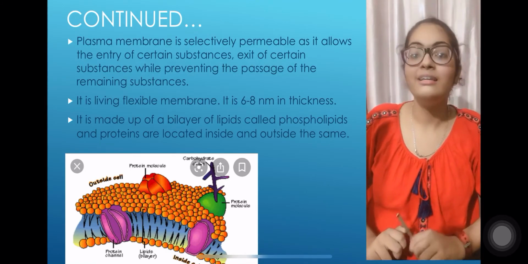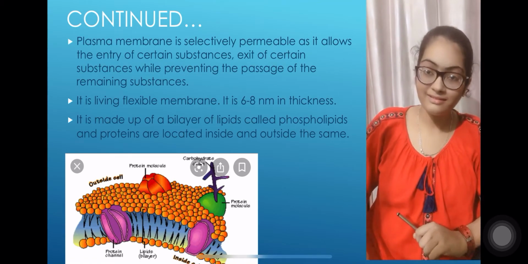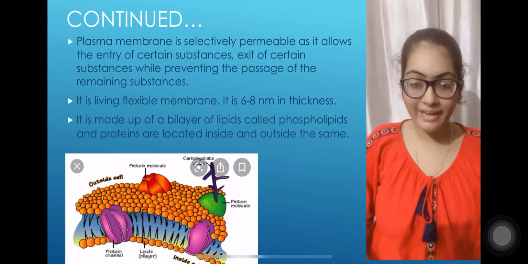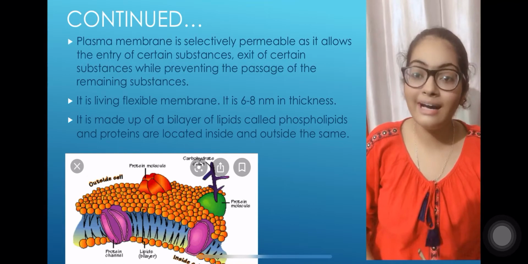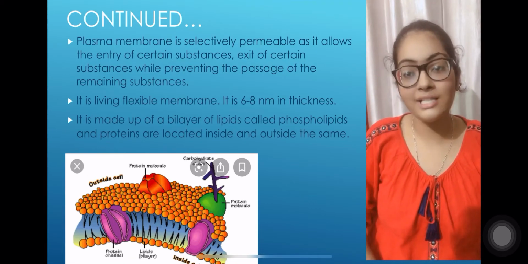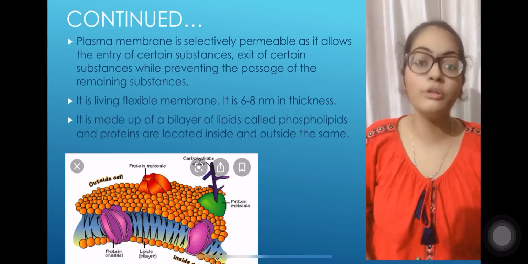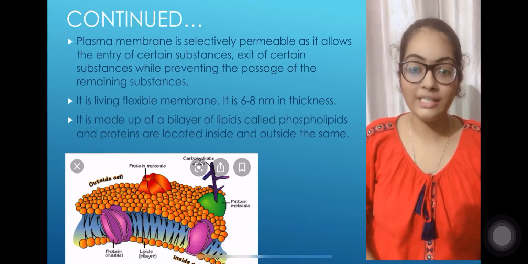It is nucleus and cytoplasm. So ready for some more functions of plasma membrane? What is a plasma membrane? Plasma membrane is an elastic delicate membrane which separates the contents of cells from the outer environment. This I'm repeating it. You have to repeat after me, okay? So, we are moving on to the next point.